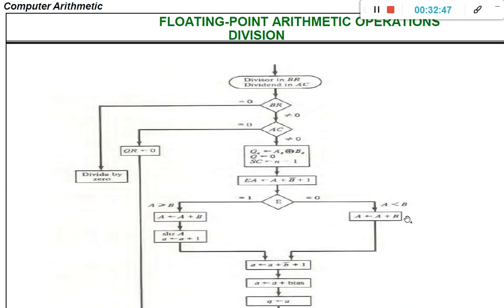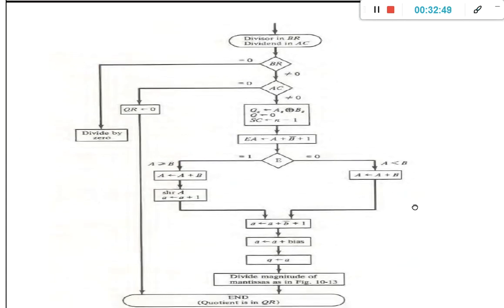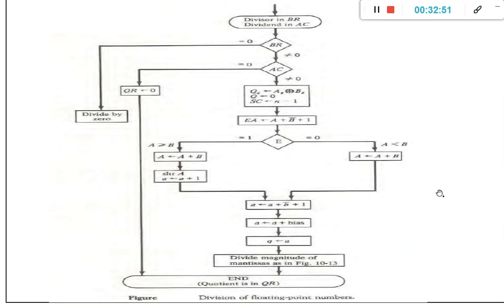So let us go through the flowchart for the division algorithm. First of all, the divisor will be in the BR register and the dividend will be in the AC register. If the BR value is 0, it represents a divide by 0 error, because BR is the divisor, so we cannot proceed.